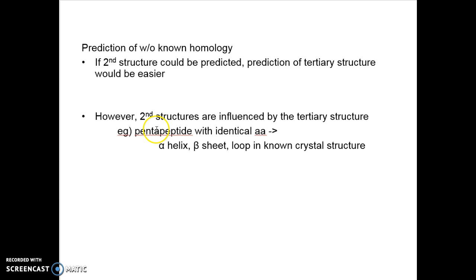However, it turns out that it's not easy because secondary structures may be influenced by the tertiary structure.